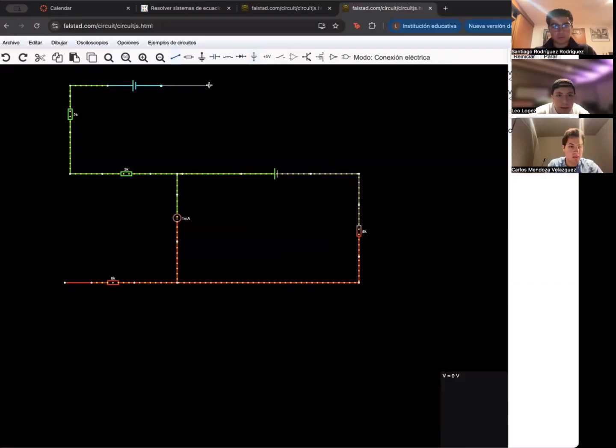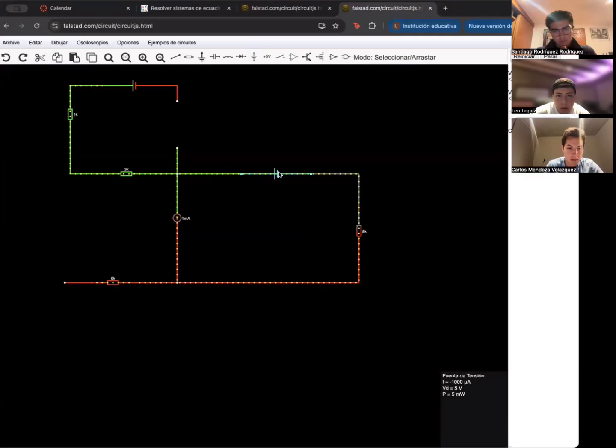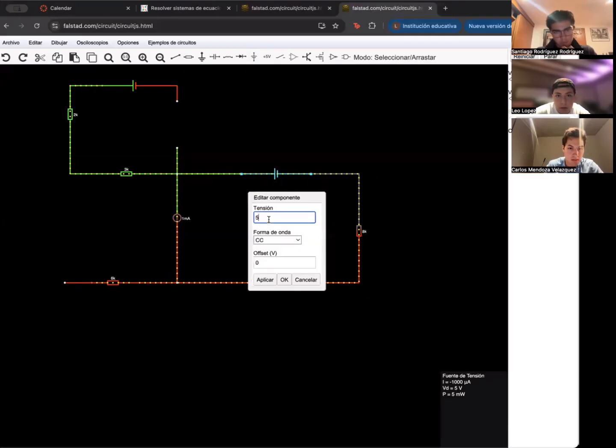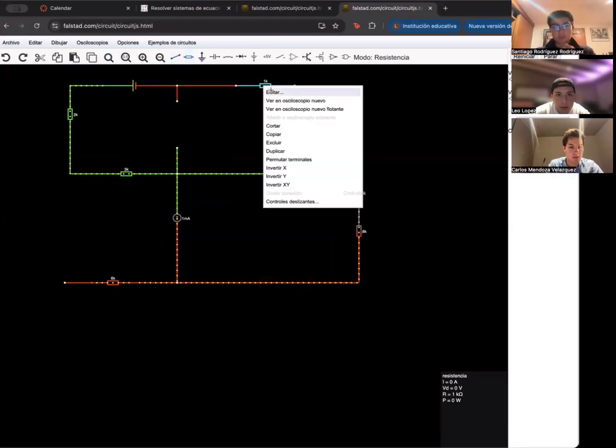So it goes like that. Let me change the voltages. This is 8. Change this one. Yeah, okay. And lastly, we have this resistance here, which is 2 kilo ohms.